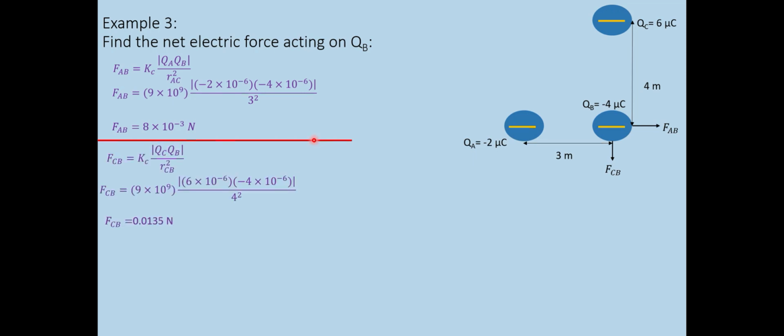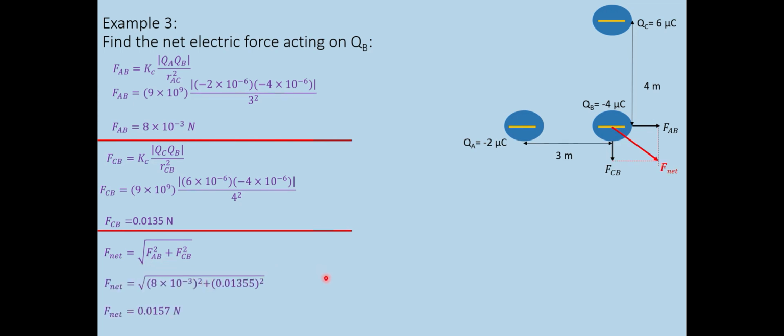We replace the values, and then for Fnet, since the forces are perpendicular to each other, again we do the same thing. We draw a line parallel to the y-axis, a line parallel to the x-axis. We draw this vector Fnet. To find it, we use this formula and we calculate its magnitude.